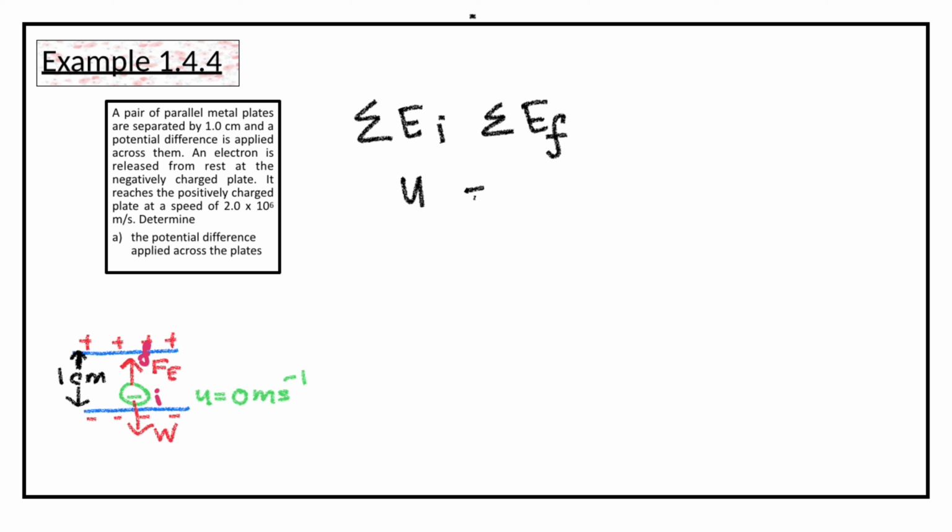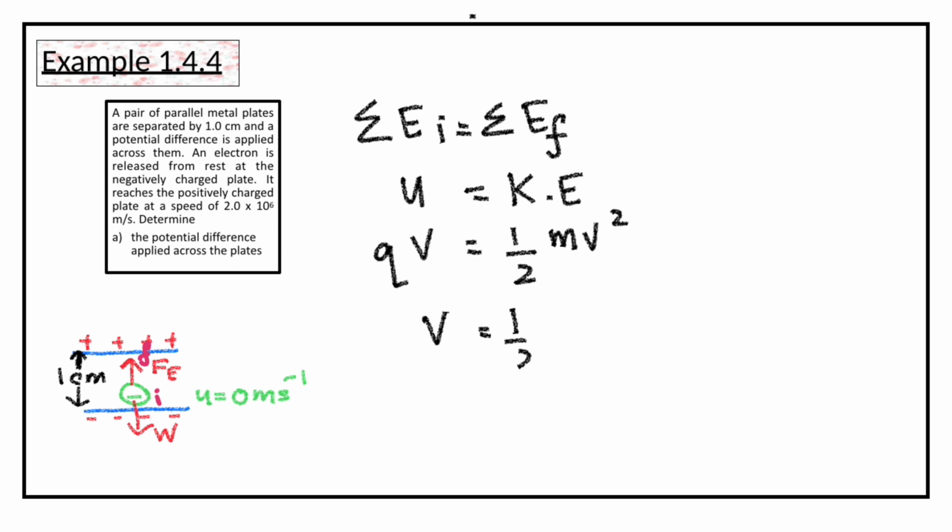What is the formula for electric potential energy? It equals QV, and for KE it equals half mv squared. So you can find V by rearranging the equation. V will be equals to half times the mass of the electron times the speed of the electron squared, divided by the charge of the electron. We will get the same answer, which is 11.37.